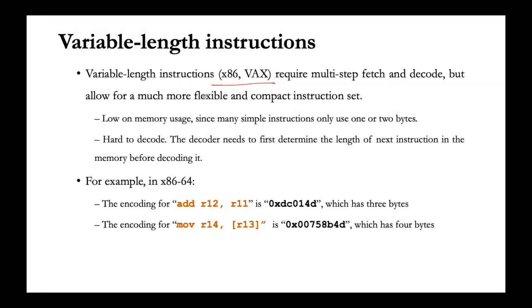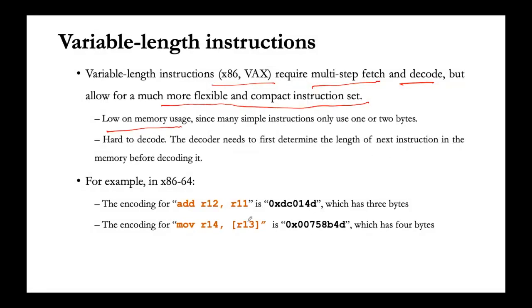Variable length instructions require multiple step fetching and decoding, but they allow much more flexible and compact instruction sets. Compact instruction set, how? That means it requires low memory usage.